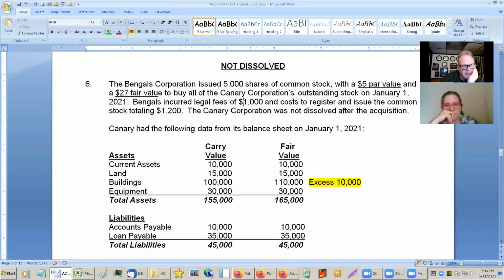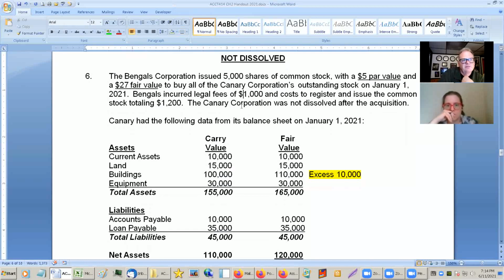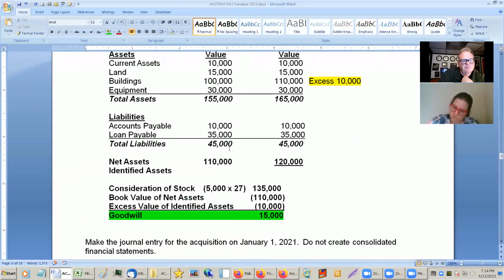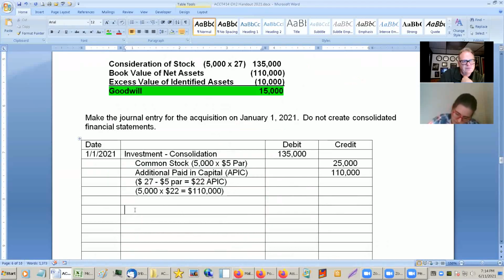Legal fees of 1,000 are just going to be expense. I don't even know what to call it, but something.